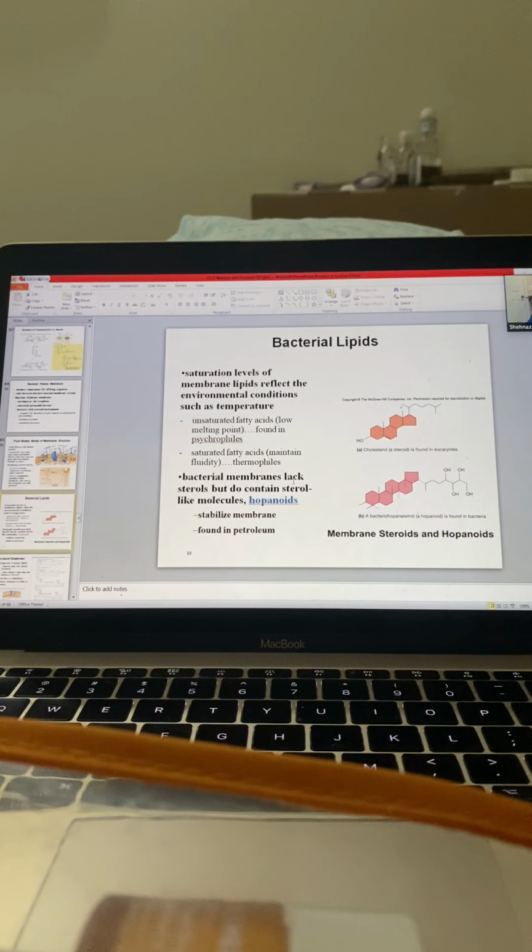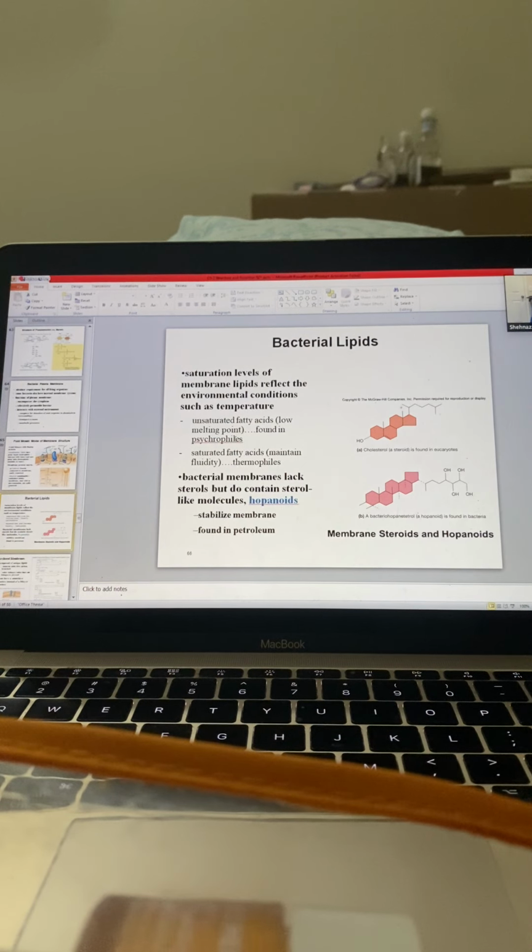So we talk about saturation levels of the membrane lipids. Membranes will have different saturations, meaning there could be unsaturated fatty acids, which have a low melting point, and these will usually be found in bacteria that are psychrophiles. What do I mean by psychrophiles?